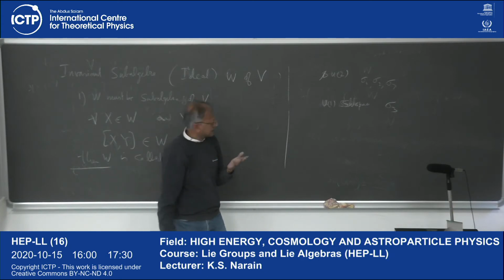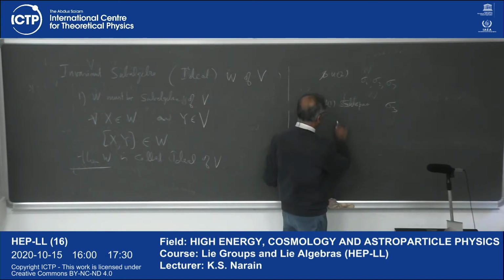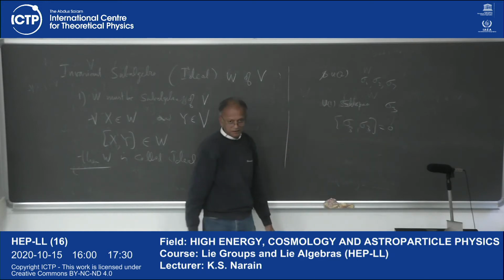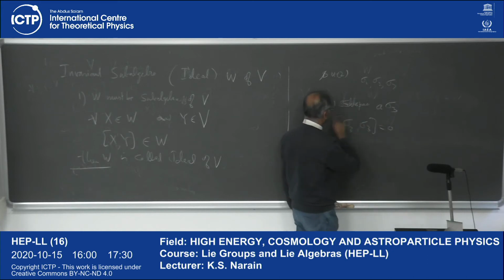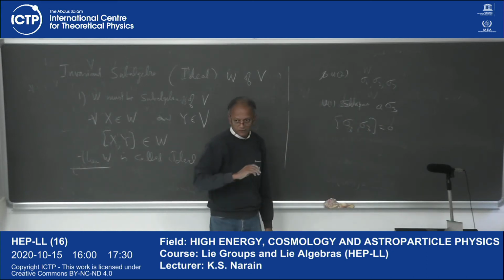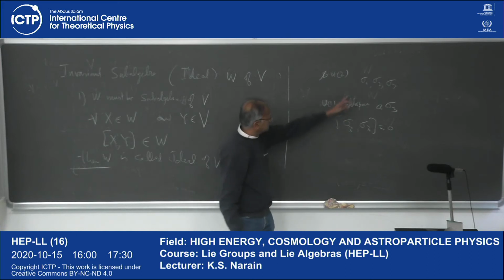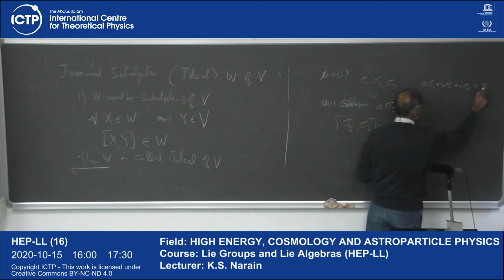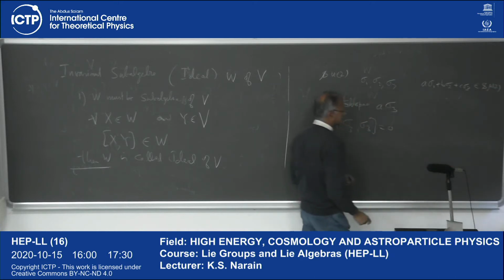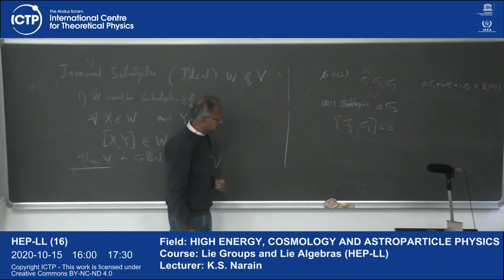This is perfectly okay here because sigma 3 commutes with itself, the commutator is 0, so 0 is also an element of this U1. Any number times sigma 3 is an element. That's a one-dimensional vector space. This is a three-dimensional vector space, which means any element A sigma 1 plus B sigma 2 plus C sigma 3 is an element of this SU2 Lie algebra.